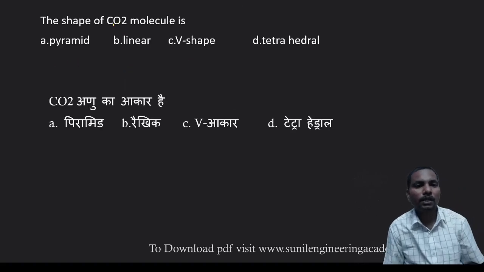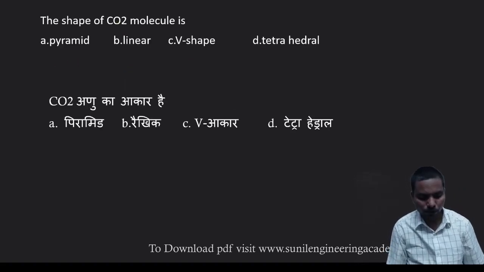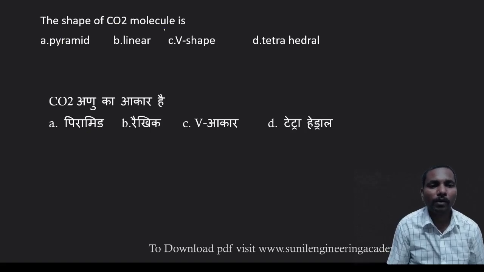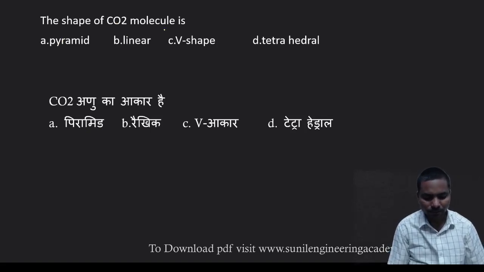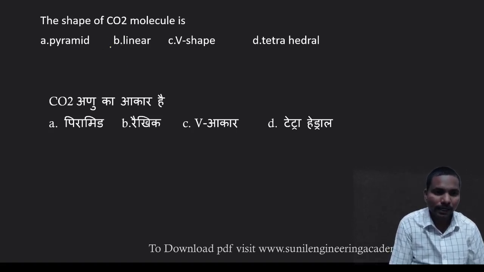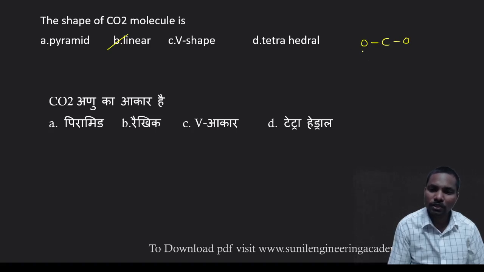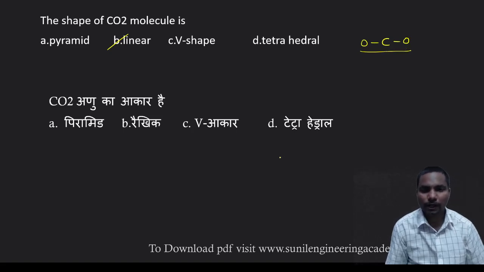Coming to the next question, the shape of CO2 molecule is dash. The shape of molecules is very important, guys. Here the shape of CO2 molecule is linear. At the center we have carbon, with one bond to oxygen and another bond to oxygen, so it forms a linear shape.